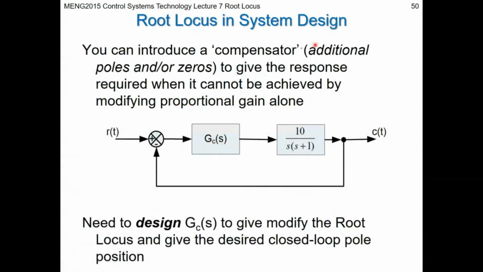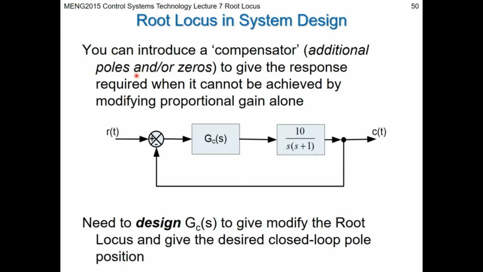So you can introduce something called a compensator. A compensator is what allows you to put in these additional poles and zeros. And with the CISO tool, you can actually add poles and zeros manually. Using the CISO tool, you can add different types of poles and zeros.